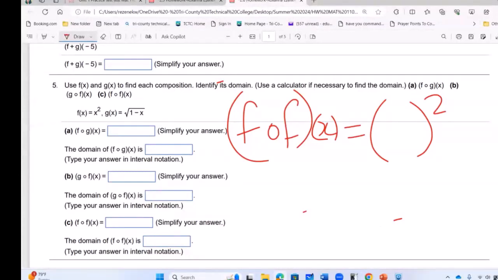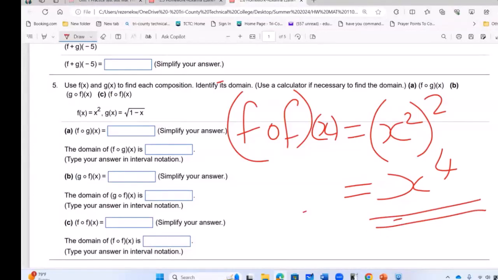So this is x squared, and I'll put x squared again inside here. So it is x squared squared, and this is the same thing as x to the power of 4. So it changes to a quartic polynomial. Therefore, f composed of f of x is a quartic polynomial.